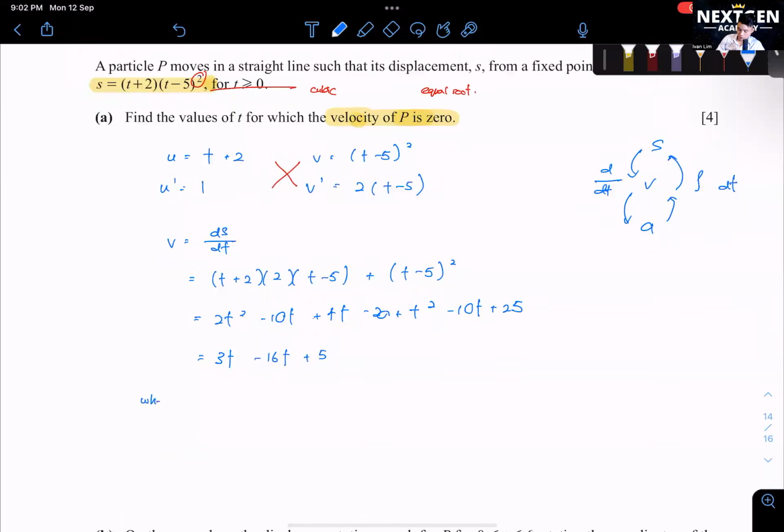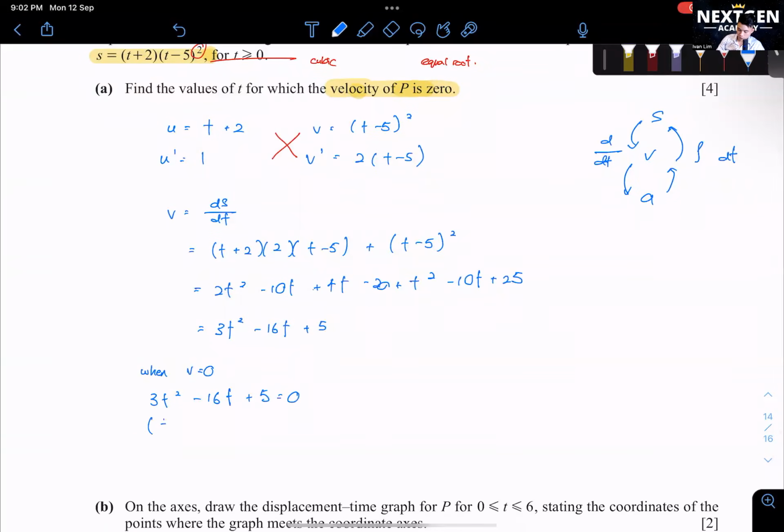Then when v equals 0, because they say find the velocity, 3t squared minus 16t plus 5 equals 0. So (t minus 5)(3t minus 1) equals 0. Therefore, t equals 5 and t equals 1 over 3. When v equals 0, t equals 5 and t equals 1 over 3. This one you have to use for the second graph, the vt graph.